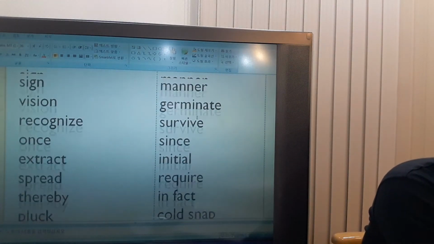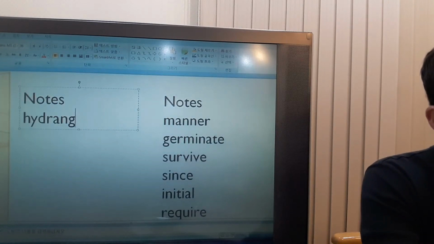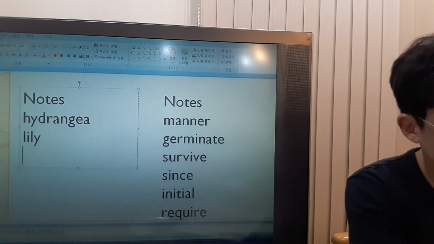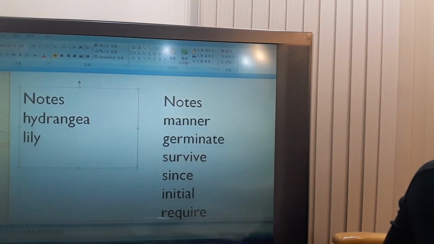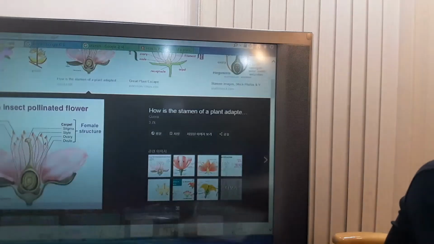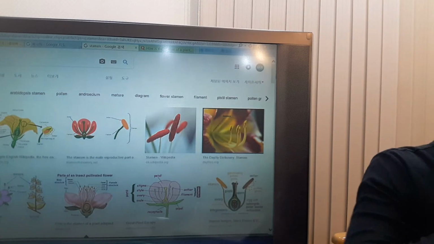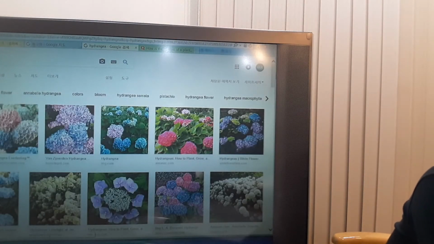Hydrangeas, lilies, sunflowers. You know what a sunflower is. So, I'm gonna just show you a picture of these because hydrangeas are these kind of flowers.